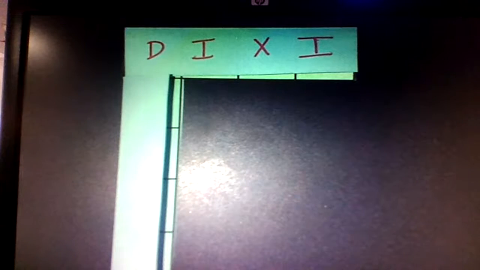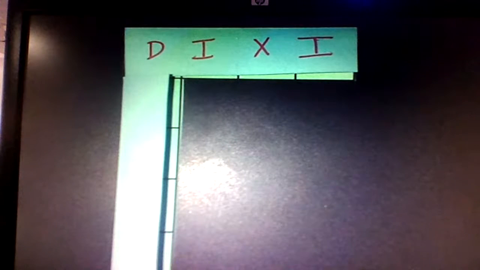Fold that down and fold that over. So, Dixie. Take a look at the line that it creates. It's a line that goes from left to right, which is your what axis? X. So, on the inside, Dixie stands for domain.